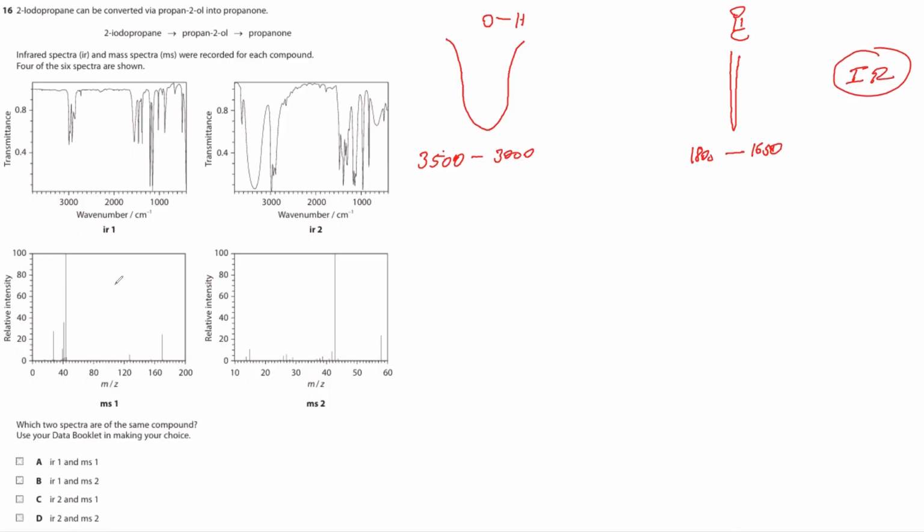Let's use this knowledge, and before that I have to do something else. Iodopropane, I have to write them 1, 2, 3. Propane, 2-iodopropane. So this is 2-iodopropane. This is our reactant molecule, first molecule, right? First convert into propan-2-ol.